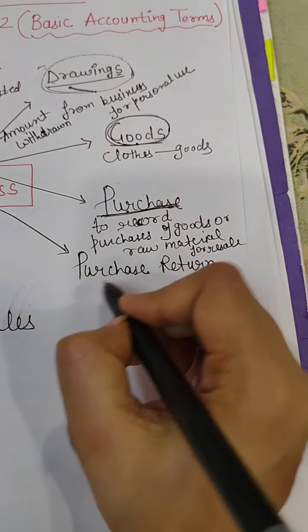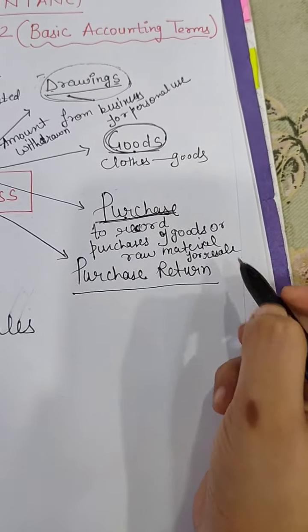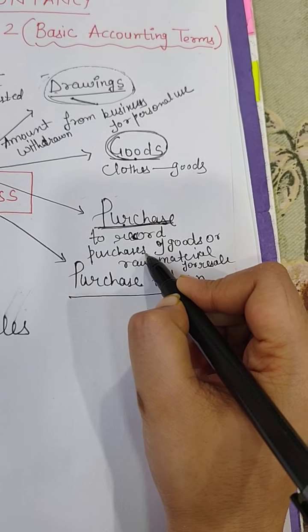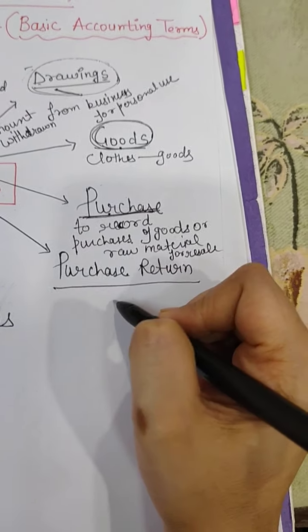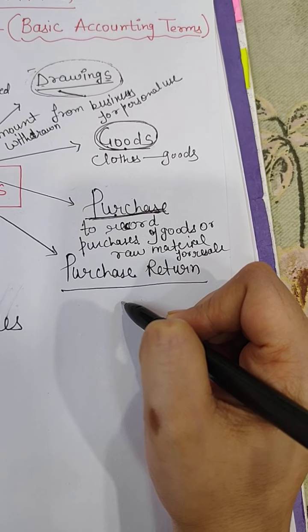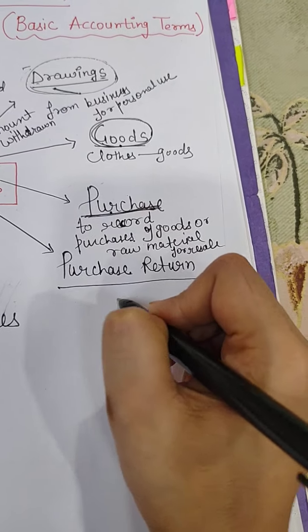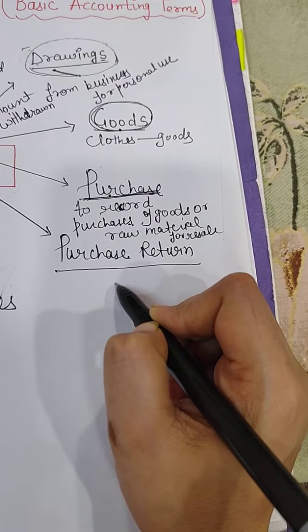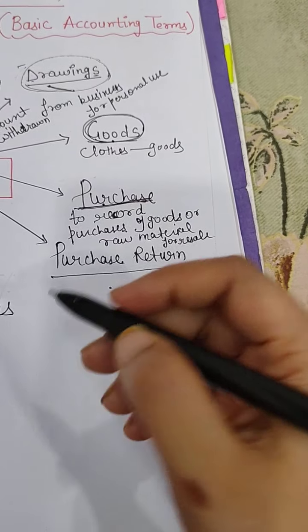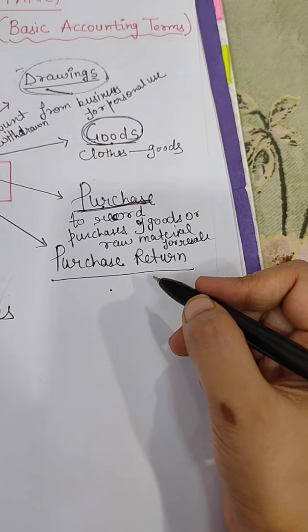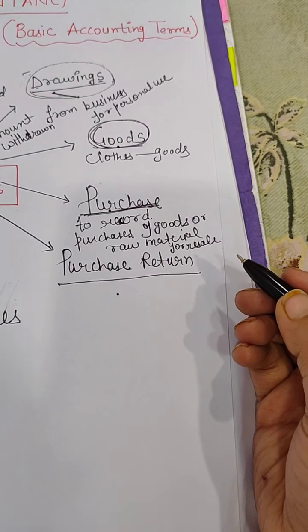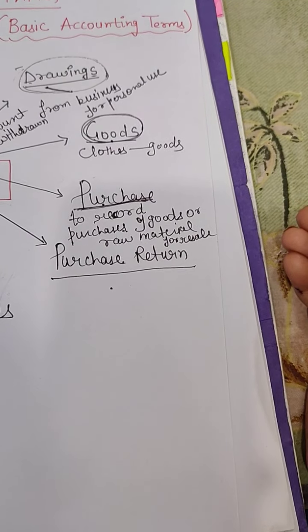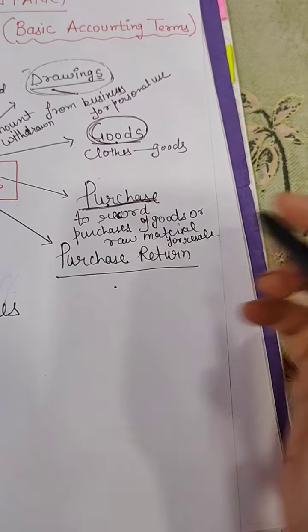Now next is purchase return. Here we have purchased some goods, but after that we see that some goods are defective or there is some other problem, so we are returning some goods to the person from whom we have purchased.